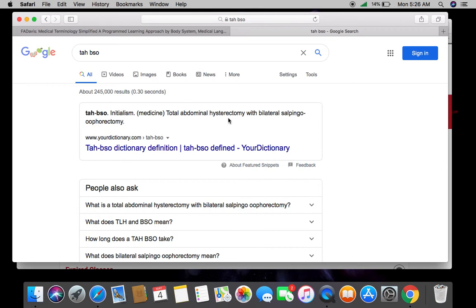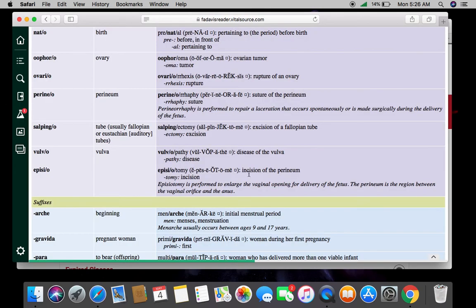One uterus, two fallopian tubes, and two ovaries. Okay, so that's a nice trick question, and that's what TAHBSO is. And we do that for extreme cases, either cancer, polyps, and so on and so forth. Right? Okay.